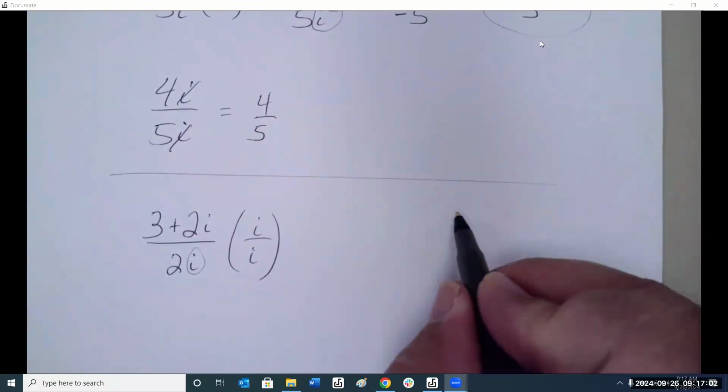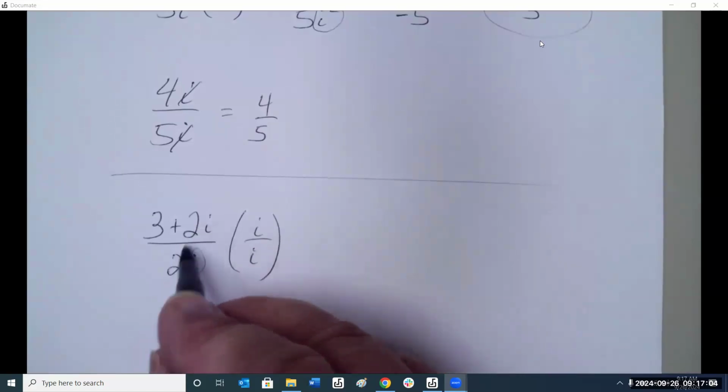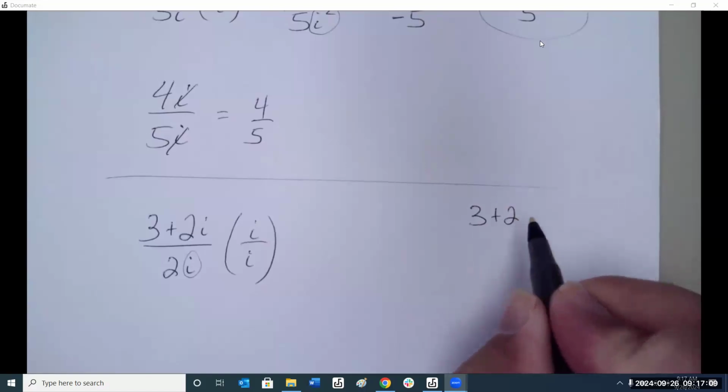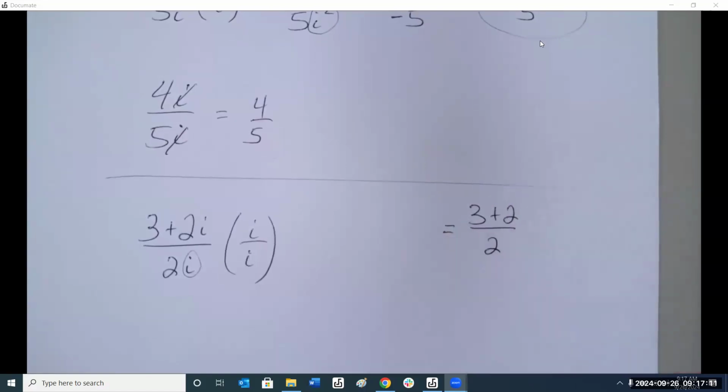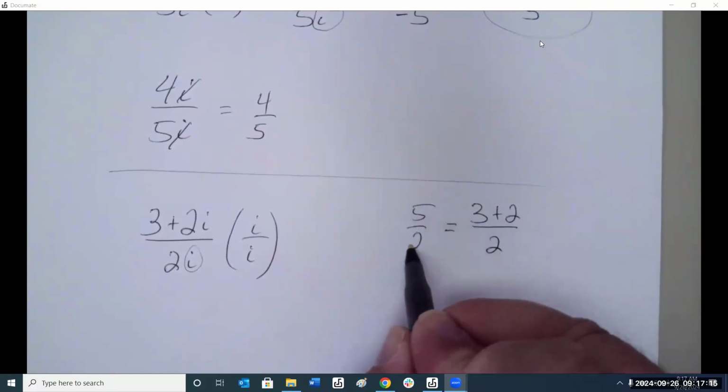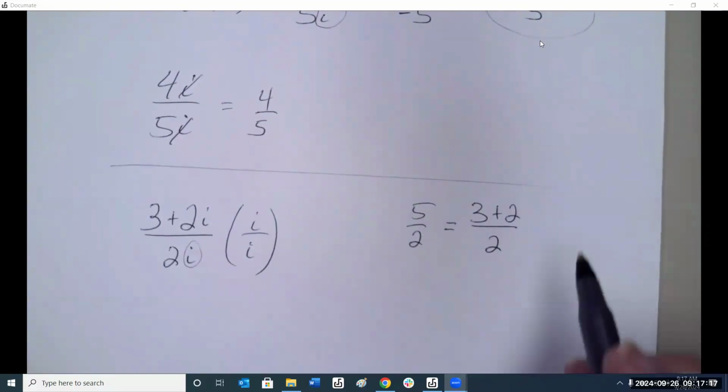Good question. The question was, why can't we cancel these? Let's look at it. If we had 3 plus 2 divided by 2, what does that equal? 3 plus 2 is 5 over 2. That's what it equals.